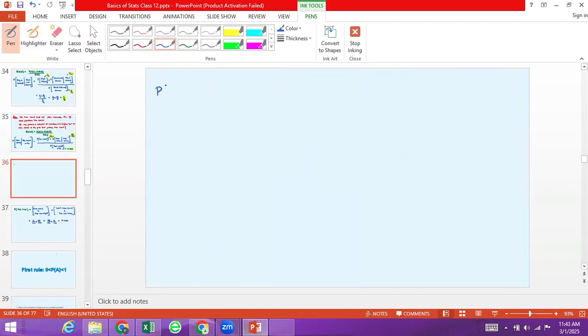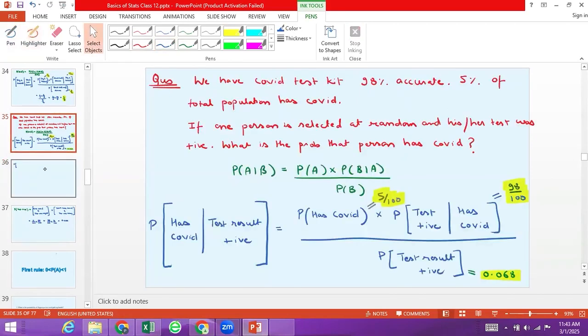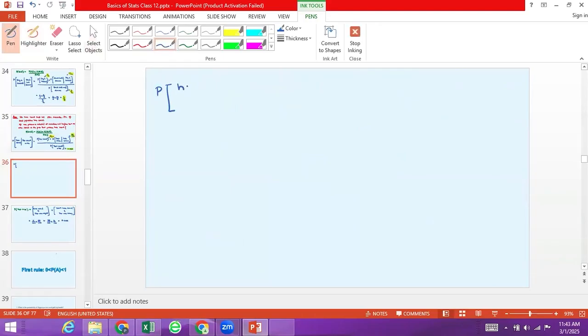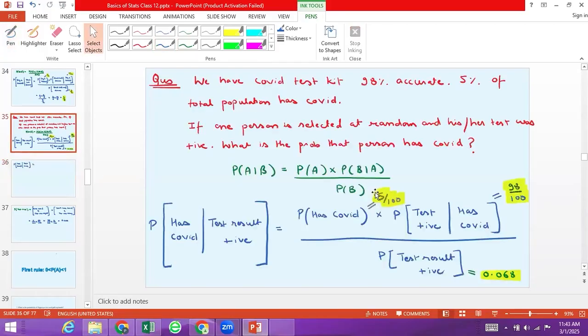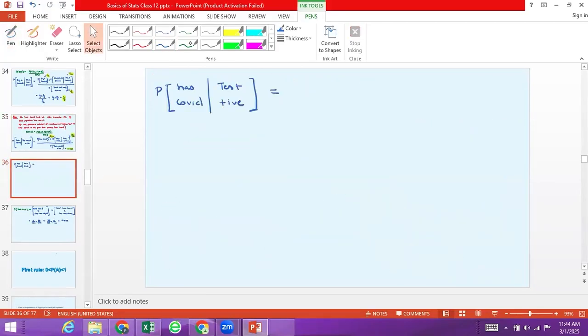So the probability that someone has COVID given that the COVID test was positive is the same as, I will multiply the probabilities, 5 by 100, that is 0.05 multiplied by 0.98, that is 98 by 100, divided by 0.068.